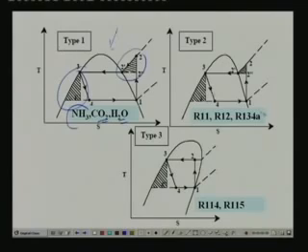Now type 2 refrigerants, that means R11, R12 and R134a, you find that the loss due to the superheat horn is much less compared to the loss due to throttling, because this area is much less compared to this area.